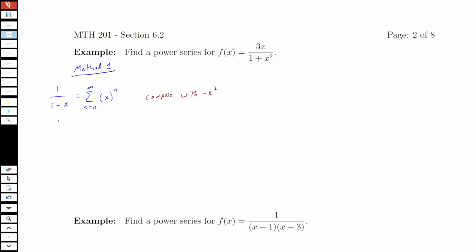So on the left, I'll have 1 over 1 minus negative x squared. And on the right, I'll have the sum of negative x squared to the n.